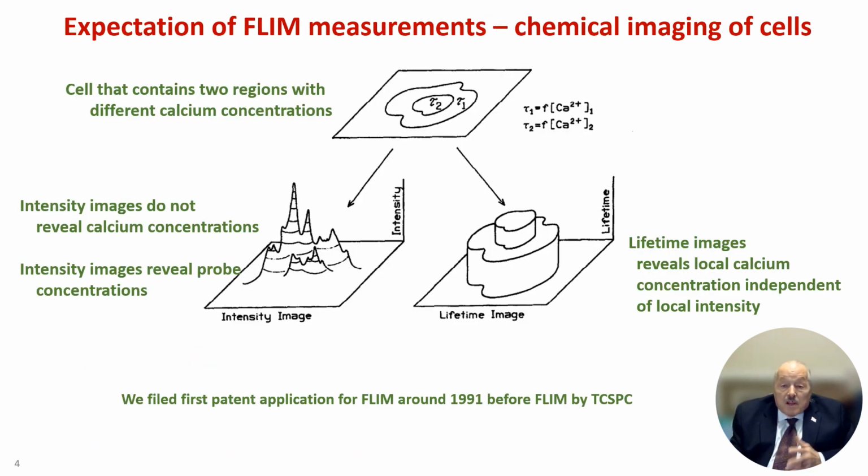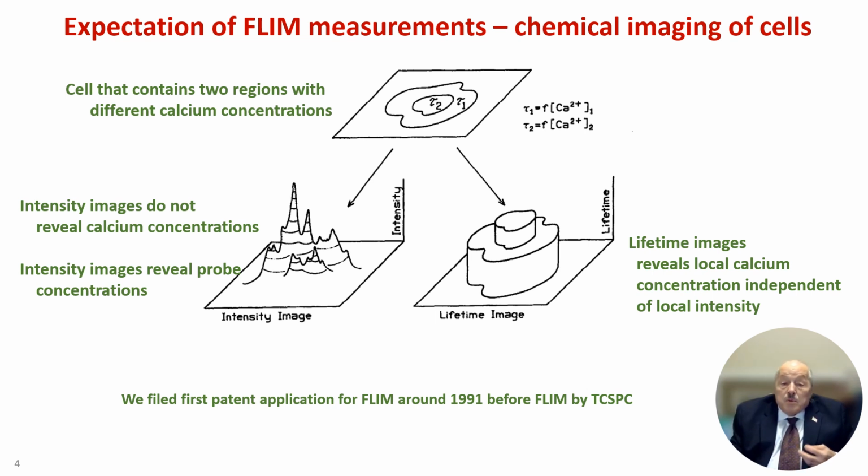So what's our expectation from the FLIM measurements? So let's consider a cell that has two different regions in it. And this picture has calcium on it because when we discovered FLIM, calcium was one of the things that everyone was trying to measure inside cells.